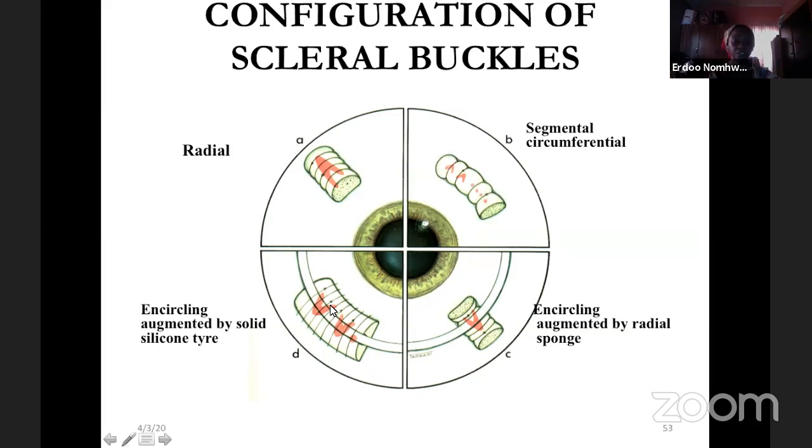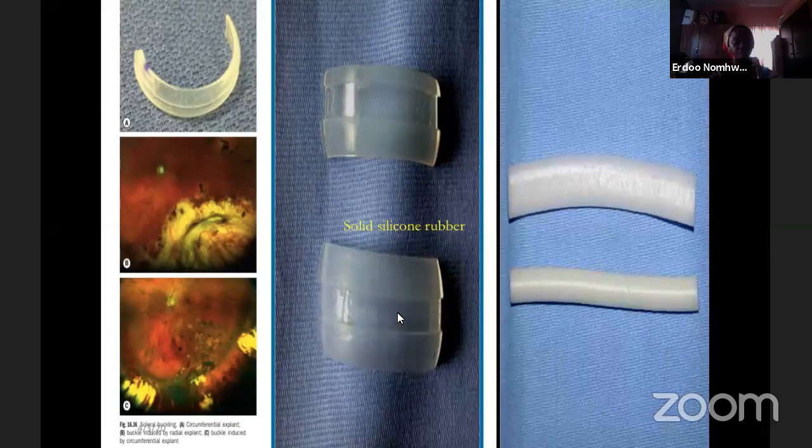Then sometimes you may need to augment with a solid silicone tire, which is the inner one there, the tire that is being used to augment the encircling. And these are different types of explants you can actually see. These ones are made of silicone, and these are the sponge types.